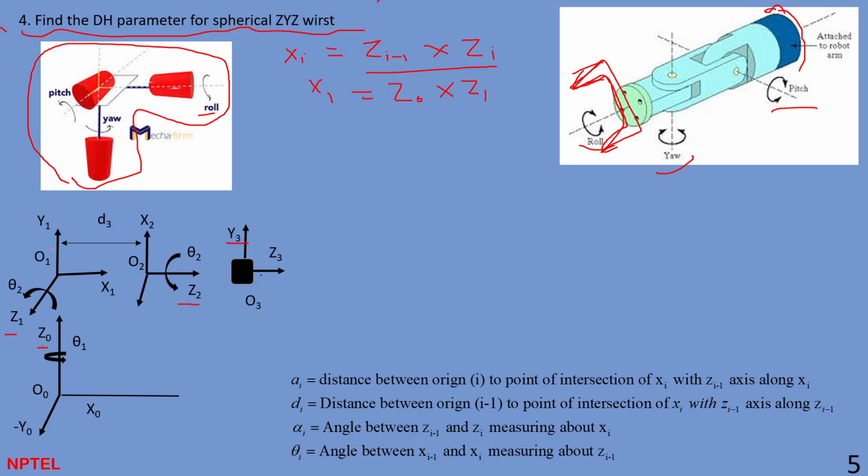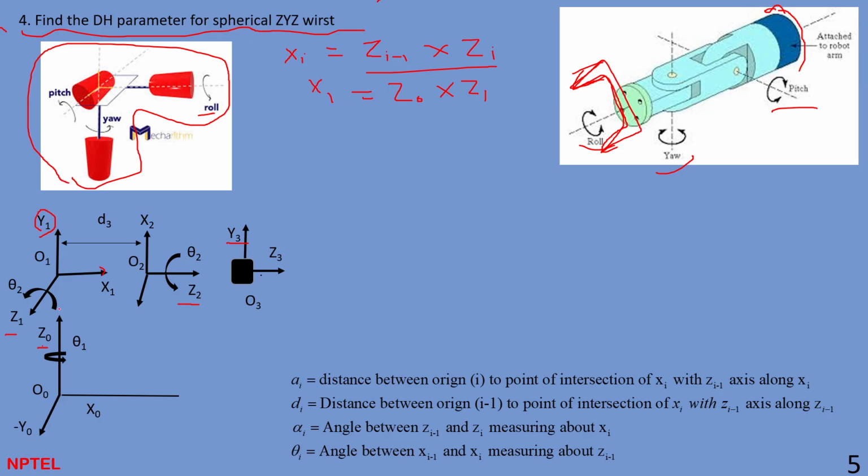When you use your right hand thumb rule, you will get the direction for x1 like this. Similarly, you can do it for x2. X2 will be the cross product of z1 and z2, which will be this one. Y3 you already know, and y1 you can easily calculate using your right hand thumb.